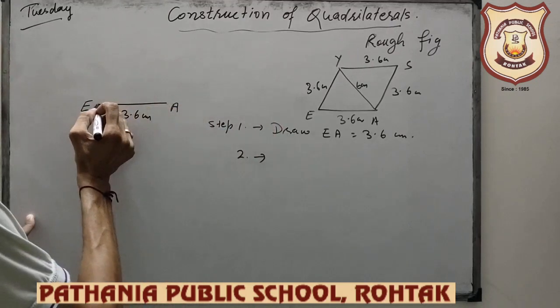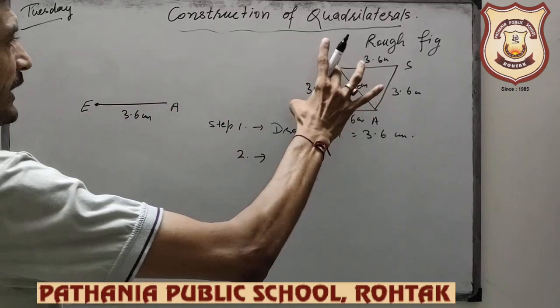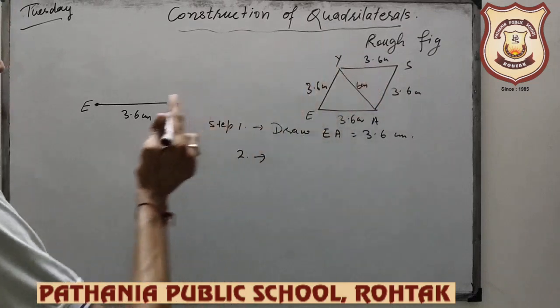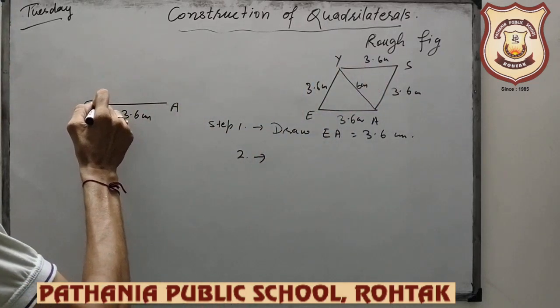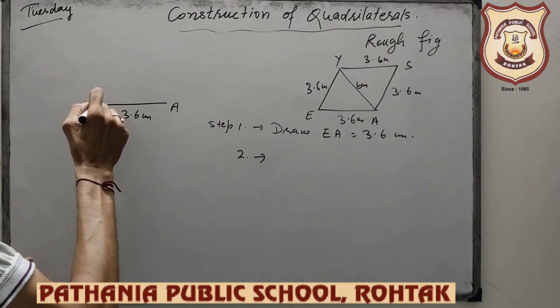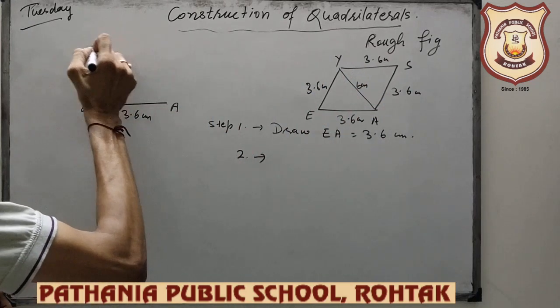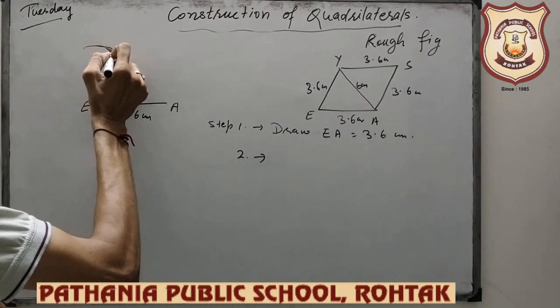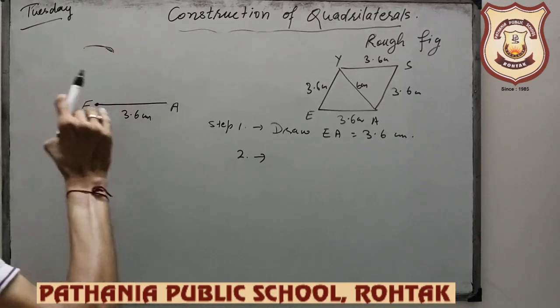Now take E as center and open your compass to 3.6 centimeter. Put the needle of the compass at E and put an arc of 3.6 centimeter. This length is 3.6.